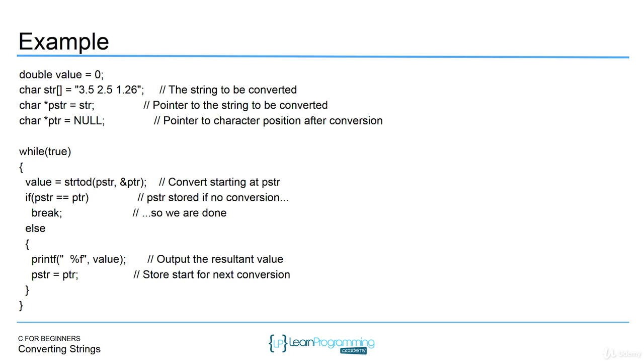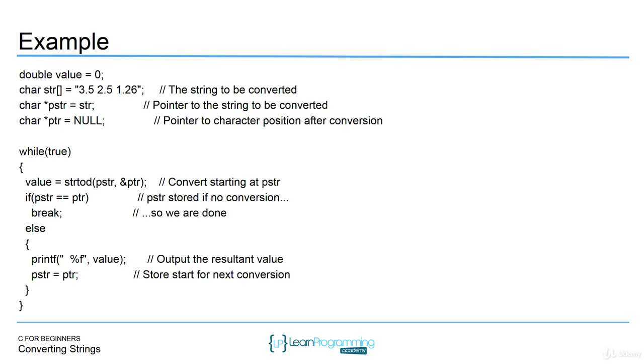So because we're checking for no conversion, we have to look at both pointers. You can't compare the ptr to the str because the str is an array. So we're going to use pstr to just represent our character array so we can compare. And if we compare those two and they are equal, it means pstr stored no conversion. And so we're done.